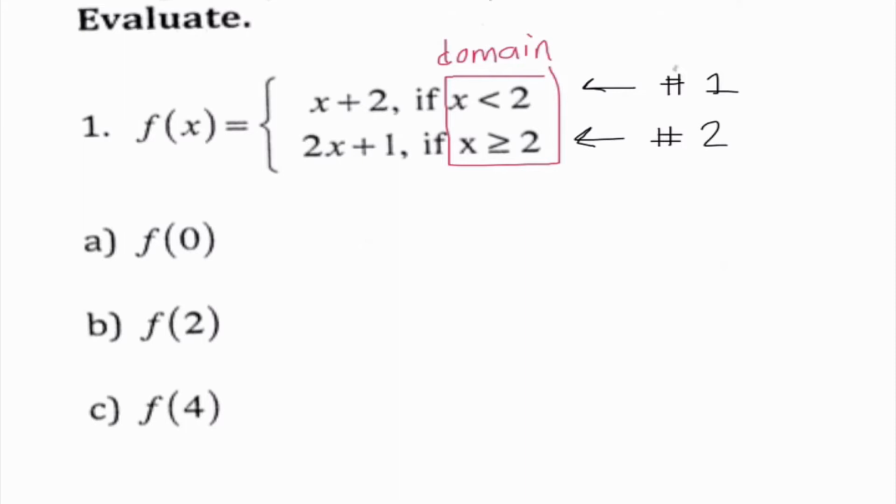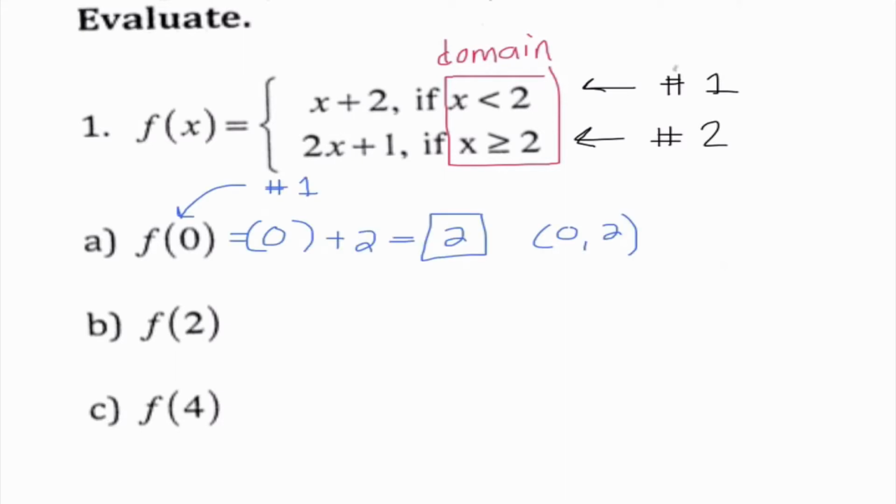I'm just going to write a note that this fits into domain number 1. So I would say 0 plus 2 is equal to 2. And just a reminder, 2 really is the y value, and this would give us an ordered pair of (0, 2), 0 coming from our input, 2 being our output.